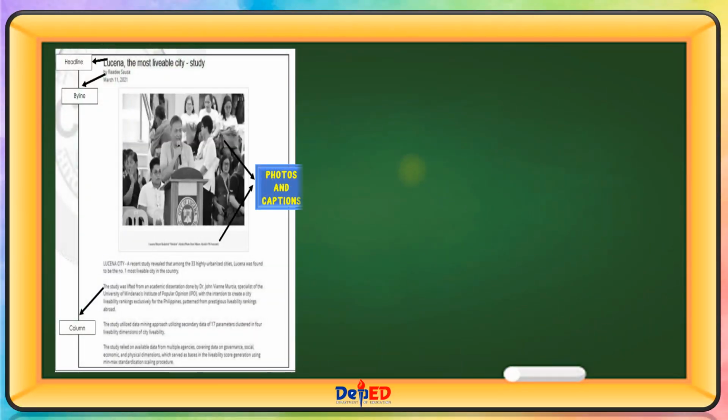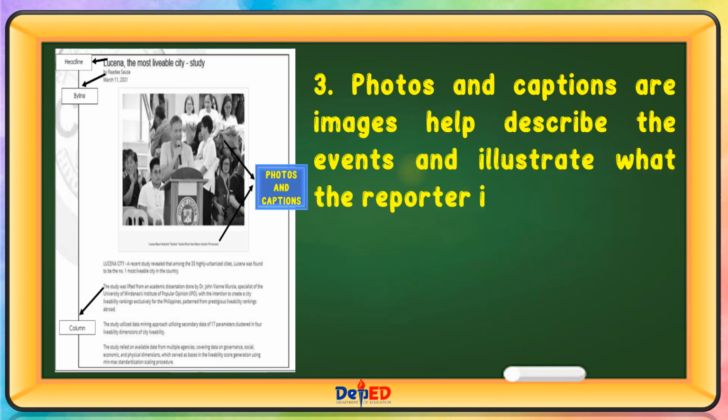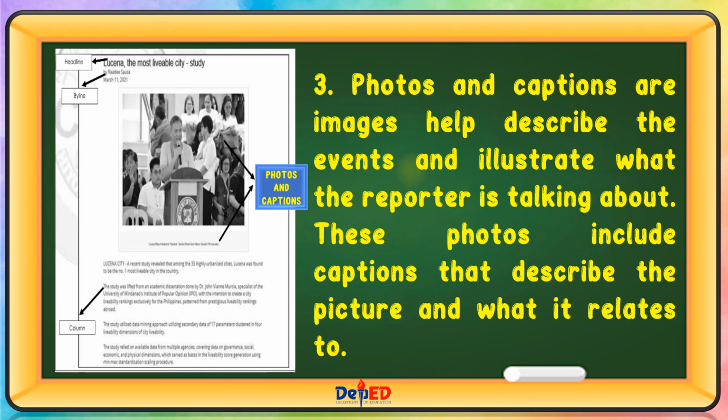Photos and captions. Photos and captions are images that help to describe the events and illustrate what the reporter is talking about. These photos include captions that describe the picture and what it relates to.